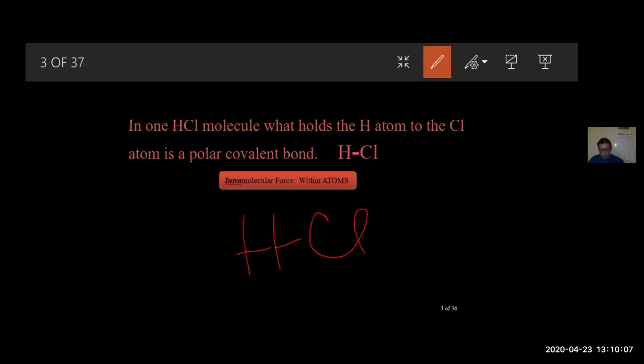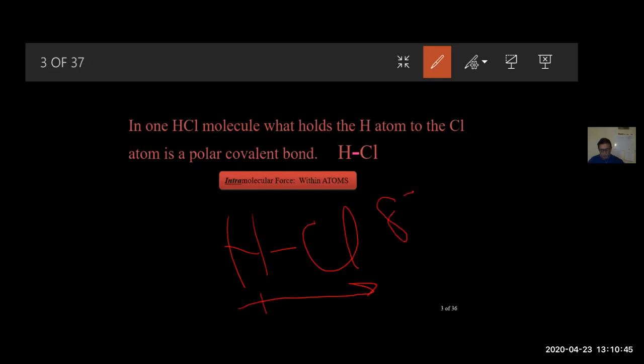Remember the arrow? And chloride here is a lot more electronegative. And so we drew the arrow going from hydrogen to chloride, which told us that on the chloride side, we call that symbol partial negative, and partial positive on the hydrogen side.